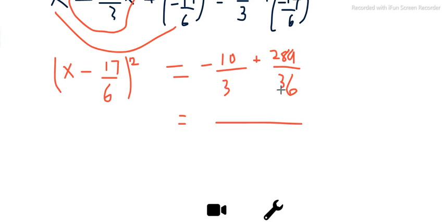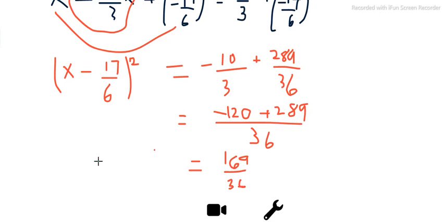LCM of 3 and 36 is 36. 3 in 36 will give us 12. 12 times minus 10 will give us minus 120. Plus 36 in 36 is 1, and 1 times 289 is 289. So minus 120 plus 289 will give us 169 over 36.